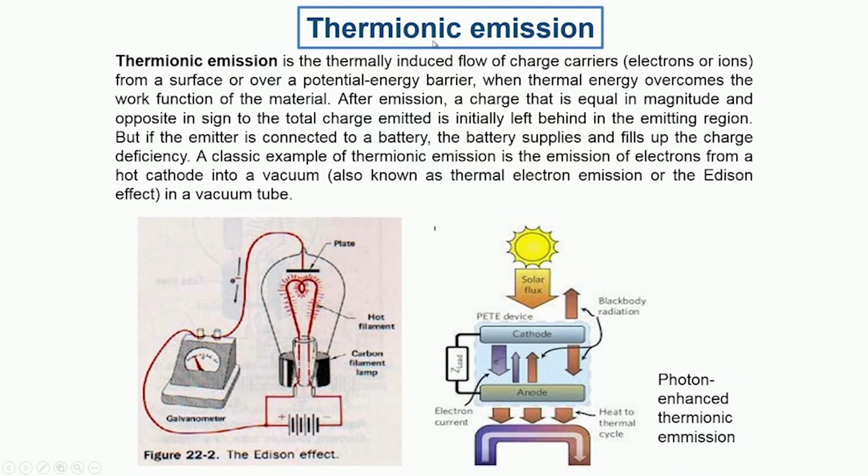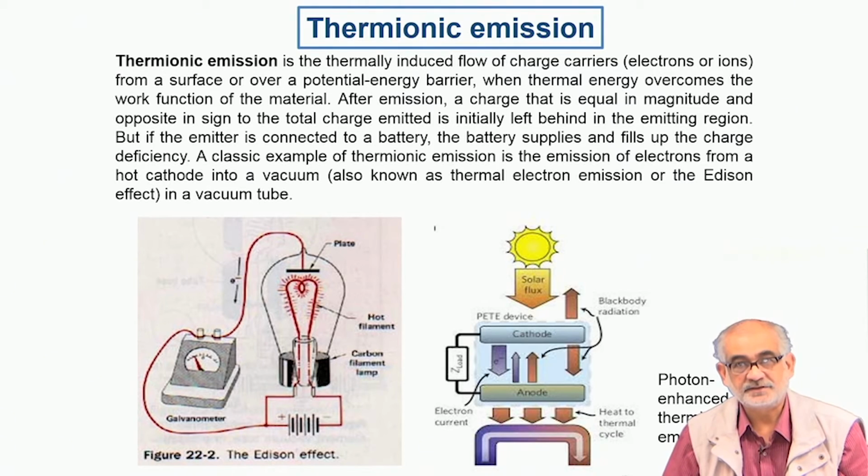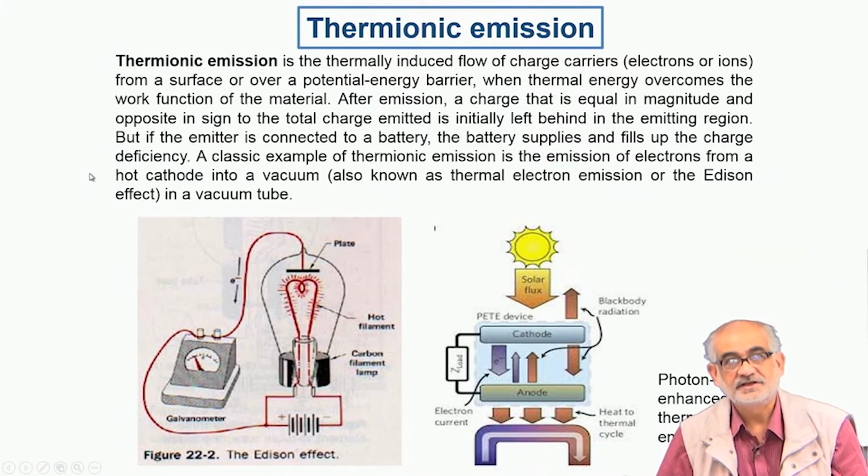Over here, when we talk of thermionic emission, we are talking about a situation where we apply a very high potential difference and current, as a result of which certain elements, for example tungsten, or a compound called lanthanum hexaboride, LaB6, can emit a very high density of electrons from the surface. And these electrons have their own utility.